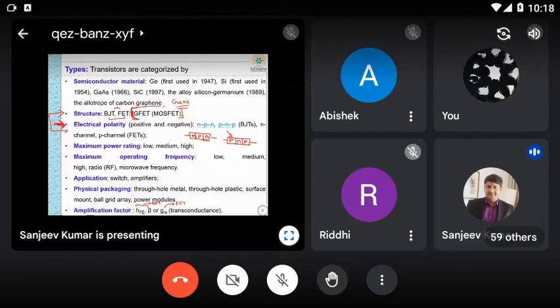Now, in terms of amplification factor, already I told, beta or hFE in case of BJT, and gm is transconductance, which is the feature we observe in FET. Amplification factor means output by input. In case of BJT, IC by IB is known as beta value, where IC is collector current divided by base current, for a common emitter configuration.